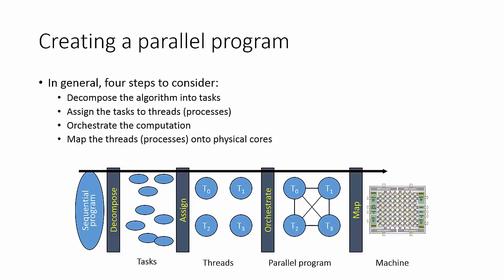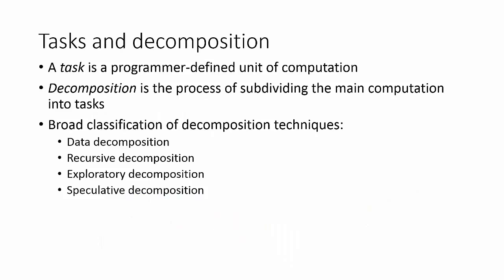So we're going to talk a little bit about what happens when the tasks do not really match the hardware. The task is a programmer-defined unit of computation. This is a generalization of the term task used in OpenMP. This is a much more general concept. To decompose a program or algorithm is the process of dividing the main computation into tasks.